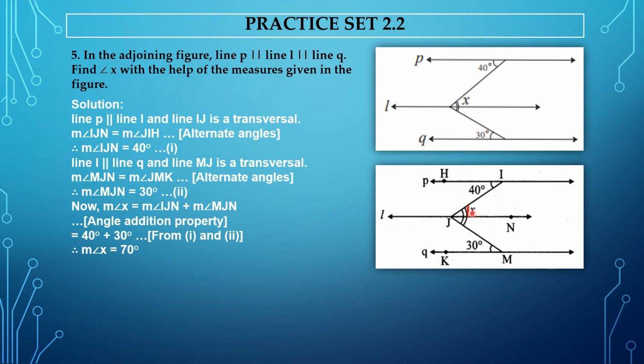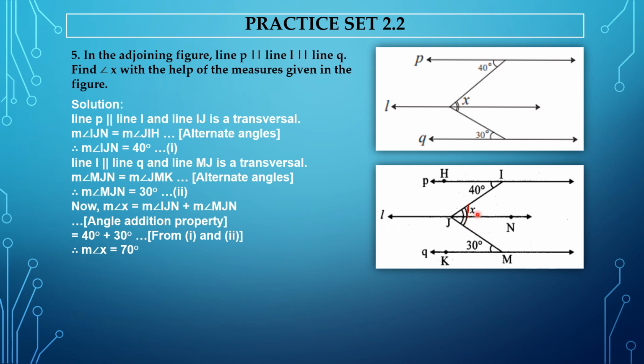Now here you got this part as 40 and this angle as 30. But angle X is a combination of both these angles, so we'll add. Measurement of angle X equals measurement of angle IJN plus measurement of angle MJN. Both these angles you have to add.